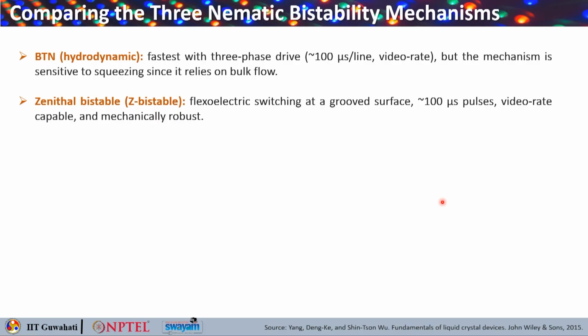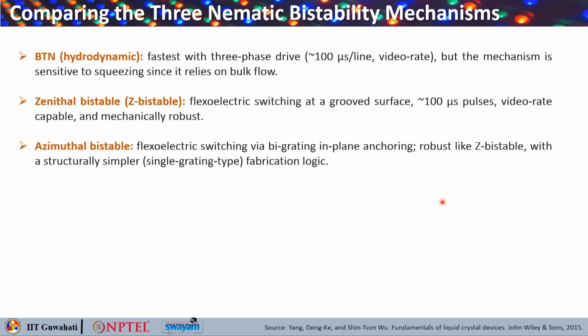Then we discussed the zenithal bistable, that is ZBD, with flexoelectric switching at the grating surface. Here also 100 microsecond pulses and video rate capable, and these are mechanically robust. The last one we saw was the azimuthal bistable, where flexoelectric switching via bigrating in-plane anchoring was possible.